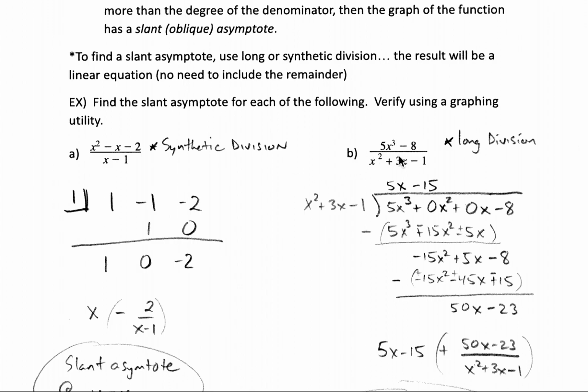However, in this example on the right, we have a much more complicated polynomial on the bottom, so long division is going to be better to use because I can't easily just create a 0 of that and divide it into the numerator.